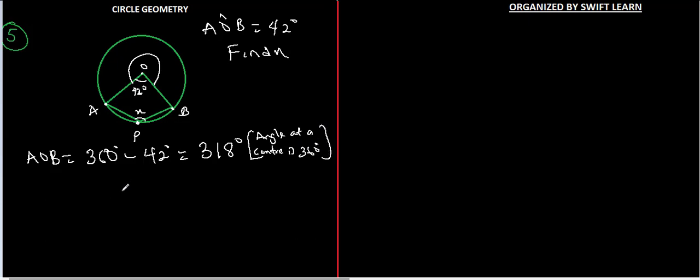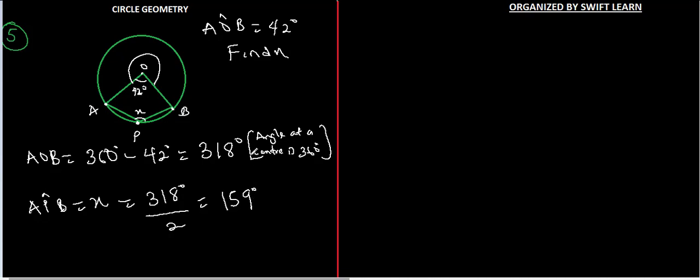So my APB, which is equal to X degrees, is equal to what? 318 divided by 2. That will give me 159 degrees. As easy as that.